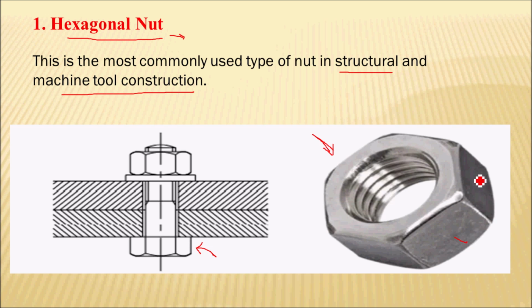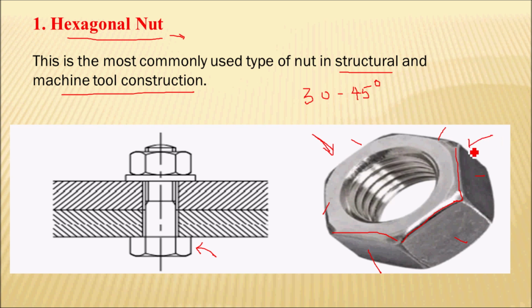As you can see, the 6 faces of this hexagonal nut. Here the top corners of this nut are chamfered. This chamfering is conical in shape. The angle of chamfer is generally between 30 to 45 degree for this hexagonal nut.